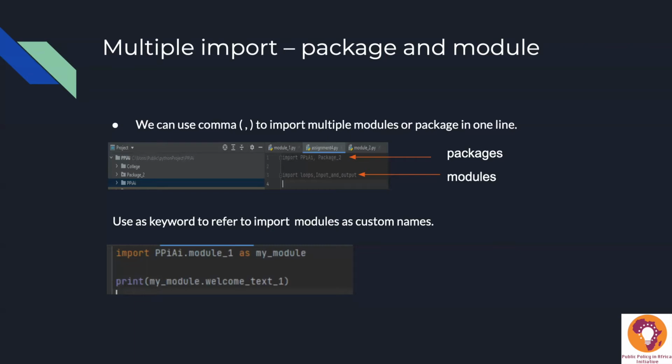The two cases where it's really useful are when you have a long name, like you don't necessarily want to keep typing out PPiAI.module1 dot welcome text every time. You just want to rename it as my module so that you only have to put in my module at that point instead of all this stuff over here. Or if you have a name collision and you have a variable that you don't want to rename, or there's something else in the code that would conflict with that variable, like say another package.